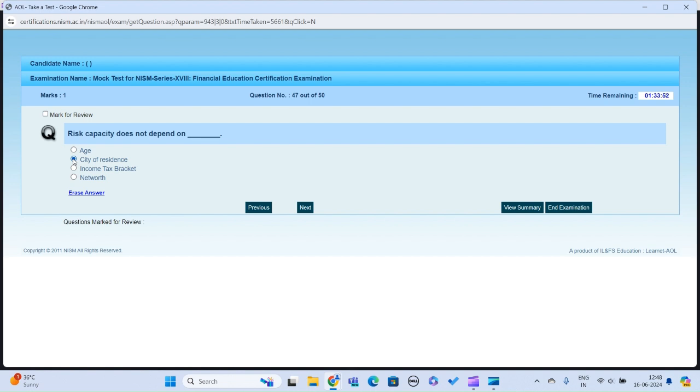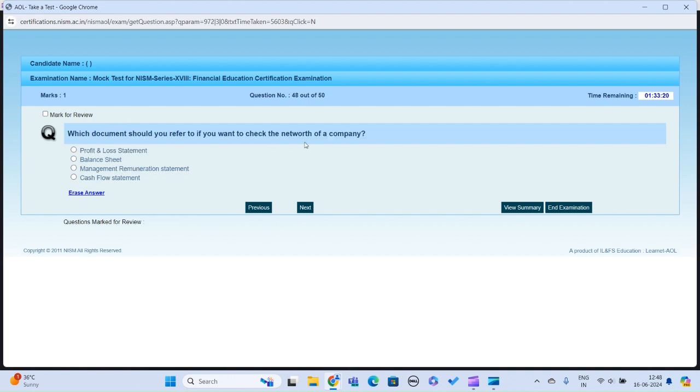If you're on a high income, you will not bother about your risk. You have money at your disposal, you'll try to make the most out of it and increase the returns. So income tax bracket also plays an important role. Net worth is related to your disposable amount, so that also has a dependency. So city of residence, I'll choose.